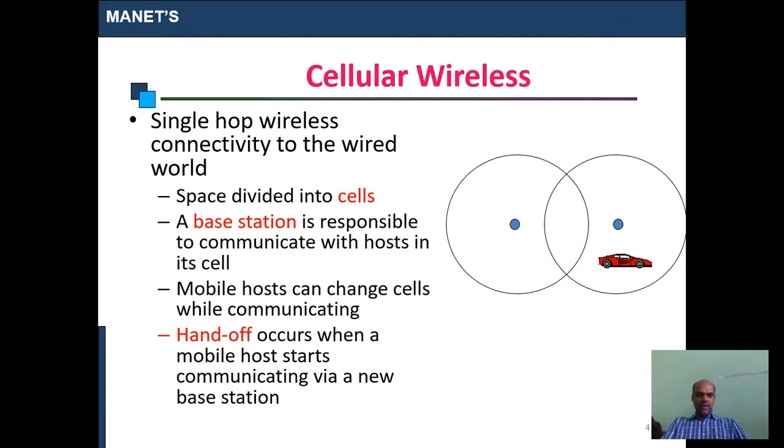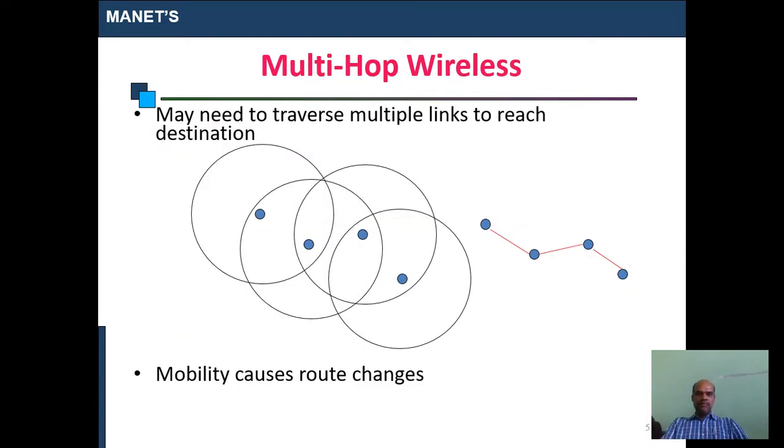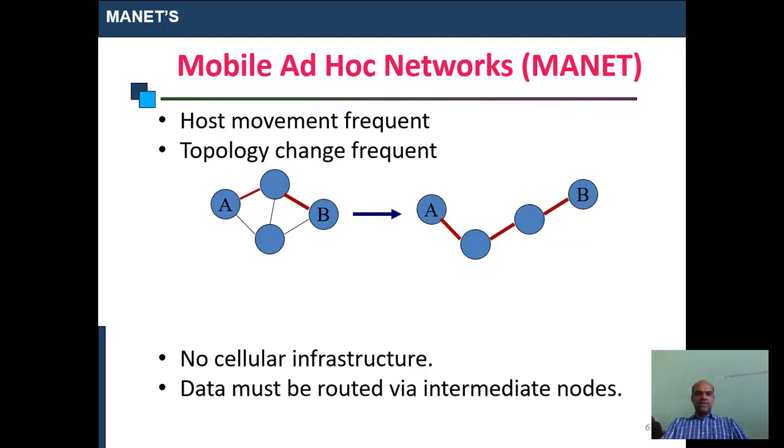When the mobile node moves from one cell to another cell, it has to be connected with the corresponding base station or tower. So handoff occurs when a mobile host starts communicating via a new base station. And this is a multi-hop wireless network, where we may need to traverse multiple links to reach the destination. Mobility causes the route changes.